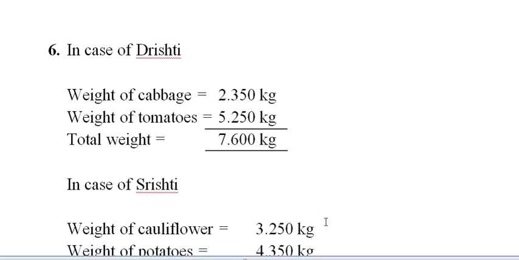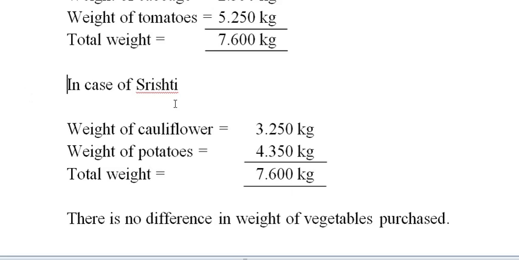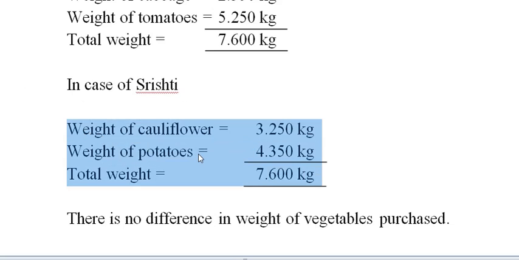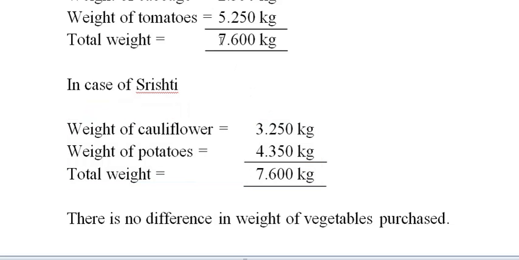Now in case of Srishti, you have to do the same thing. You have to add the total quantity of vegetables that Srishti had purchased. So you can see out here that the weights are similar to each other, so there is no difference in the weight of vegetables that was purchased.